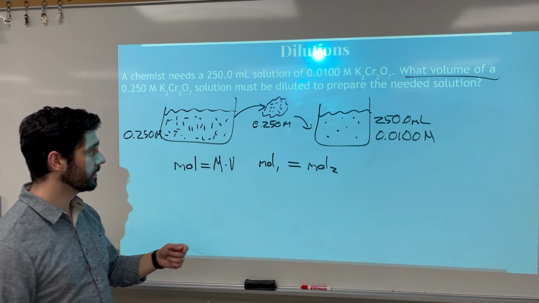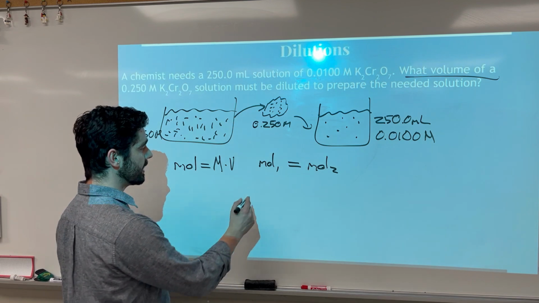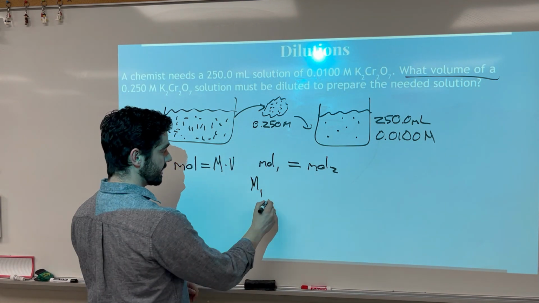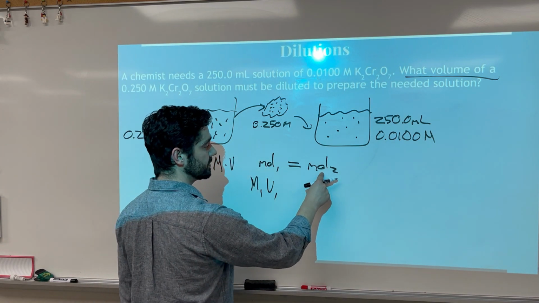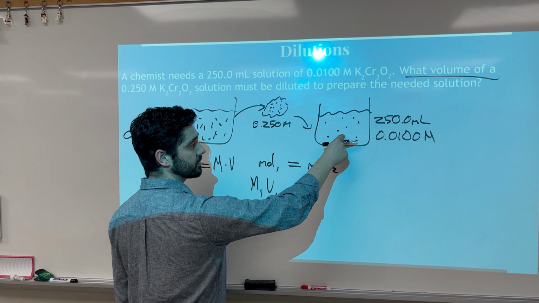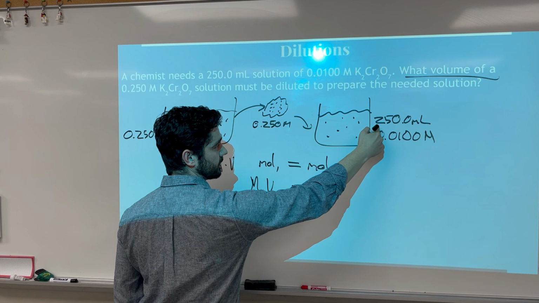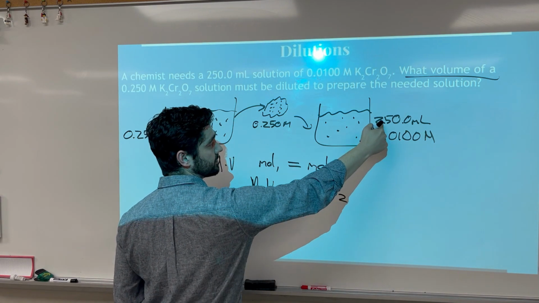So check this out. The moles of potassium dichromate here could be calculated by taking the concentration of this times the volume of this. And the moles of potassium dichromate in this final solution that I'm going to prepare is this concentration times this volume, okay?